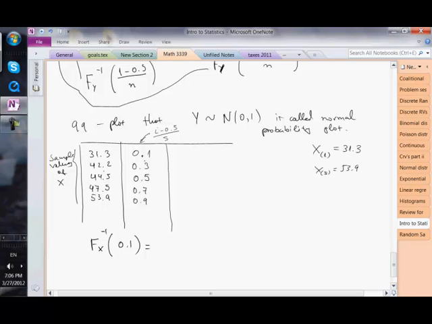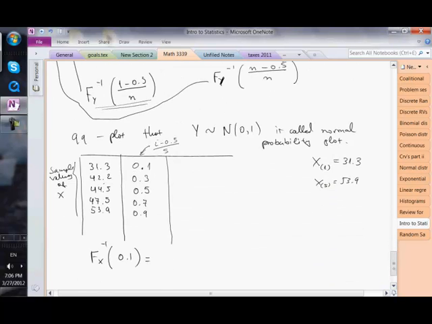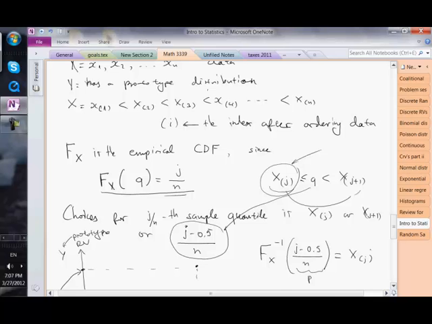That table facilitates how I find these points. And exactly my 0.1 inverse is the value of 0.1 under the CDF I designate to be this. And I did this by using this particular equation.